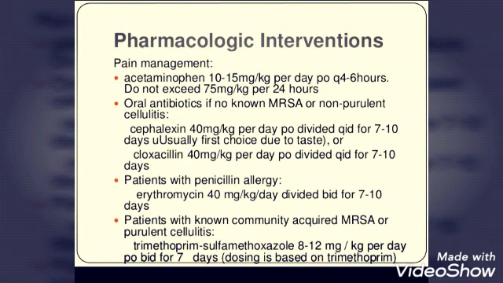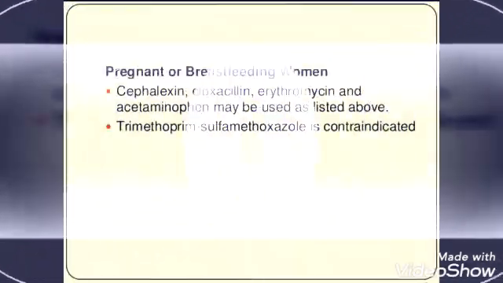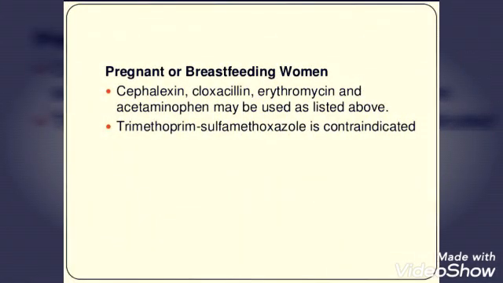Except that, if the patient is pregnant or a breastfeeding woman, you can give cefalexin, cloxacillin, erythromycin, and acetaminophen may be used as listed above. Trimethoprim-sulfamethoxazole is contraindicated. So this one drug is contraindicated and other drugs can be given.